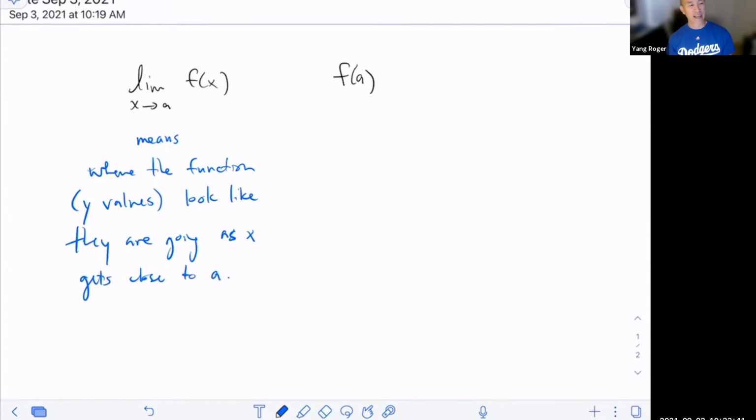So that's not the best handwriting in the world, I can see, but that's what this left-hand side is all about. It's not what is the function value, it's where does the function value look like it's going.